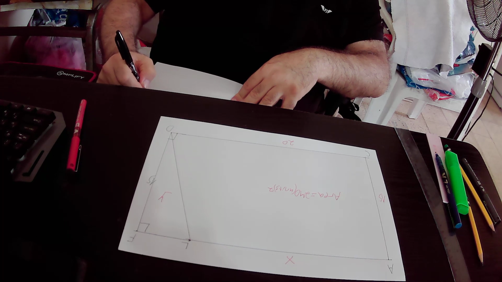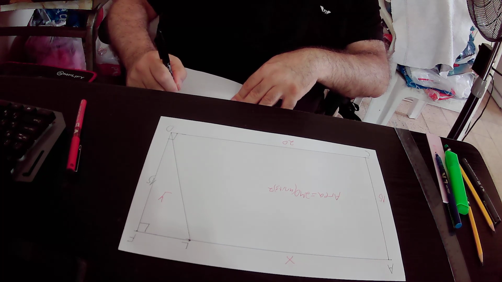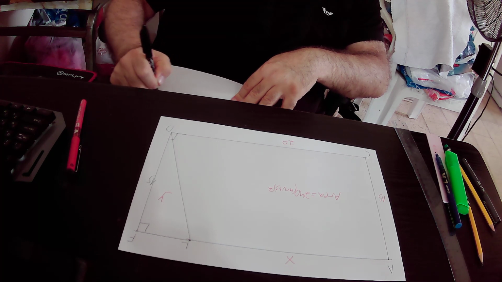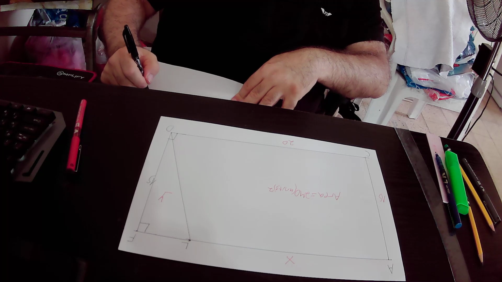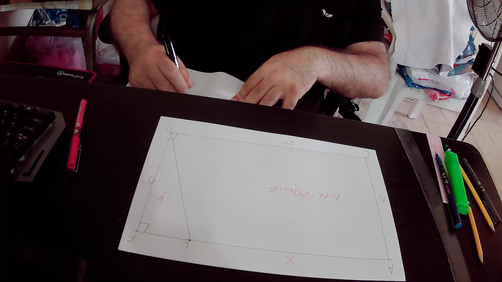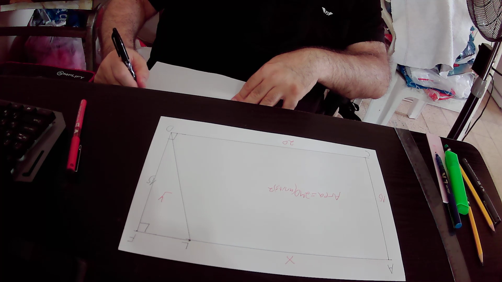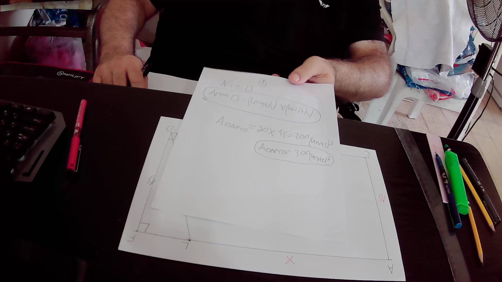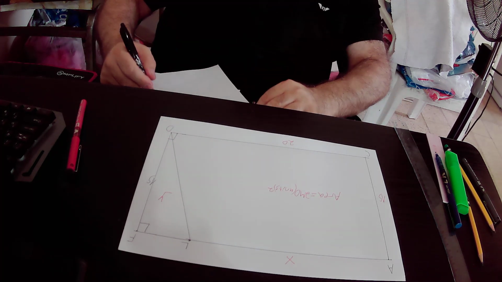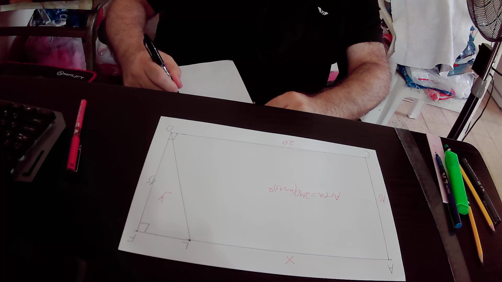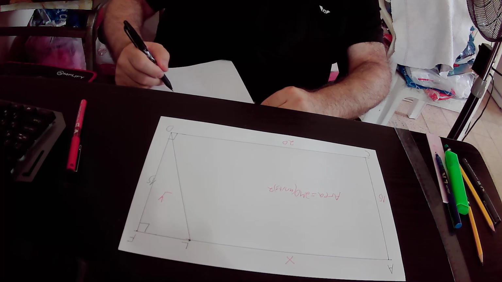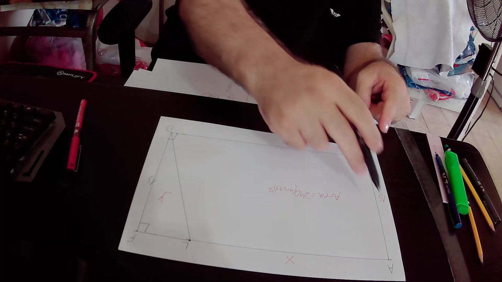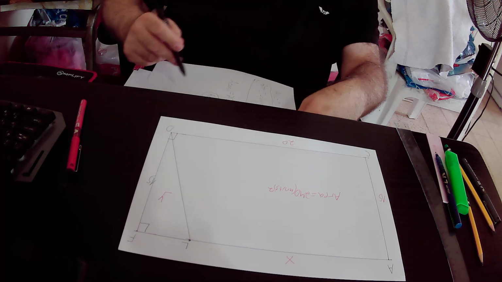So the area of rectangle AFCD equals 300 square units.